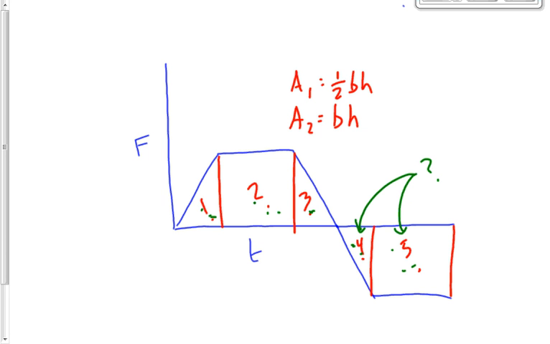If you get an overall negative area here, an overall negative impulse, what does that mean? Well, yeah, I guess it does. Actually, it's not the way that I was thinking of it, but in the end, it's a loss of momentum. So that could mean a change in direction. Not necessarily, but it could mean a change in direction.